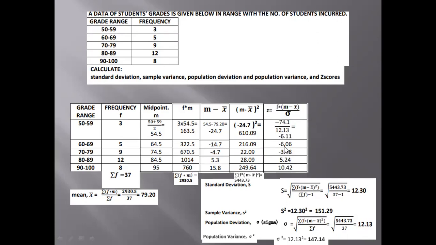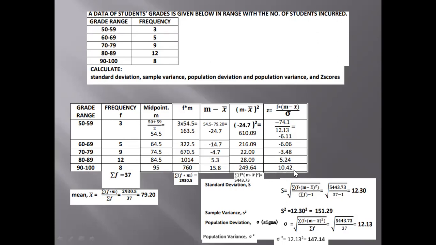Further simplifying gives us negative 6.06, negative 3.48 for the 70 to 79 range, 5.24 for the 80 to 89 range, and for the last one, 90 to 100, a z-score of 10.42.